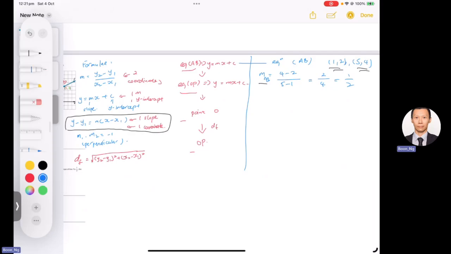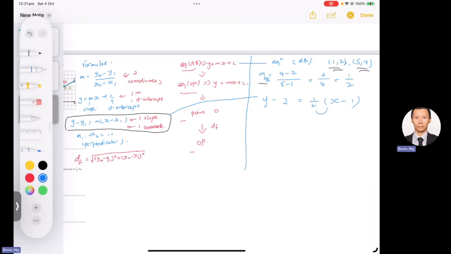My preference is always smaller numbers, so (1, 2) is my go-to. So let me copy this formula: y minus y1, in my case, is y minus 2. m is 1 over 2. x minus x1, where x1 is 1.